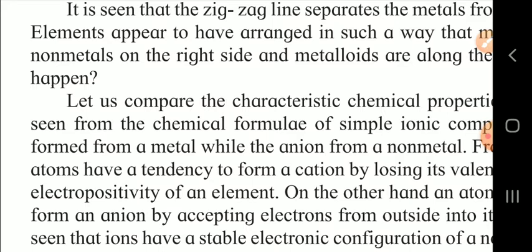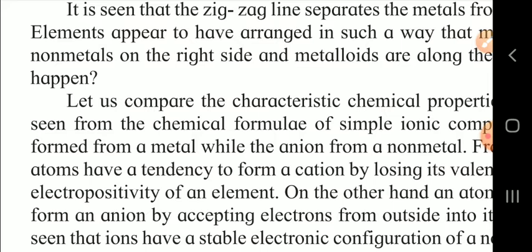Now we can see the chemical properties of metals and non-metals. The chemical formulae of simple ionic compounds, I have already shown you, like magnesium chloride. The cation in them is formed from a metal, like sodium, where I have shown you that it gives one electron and becomes a cation, while the anion is formed from a non-metal.